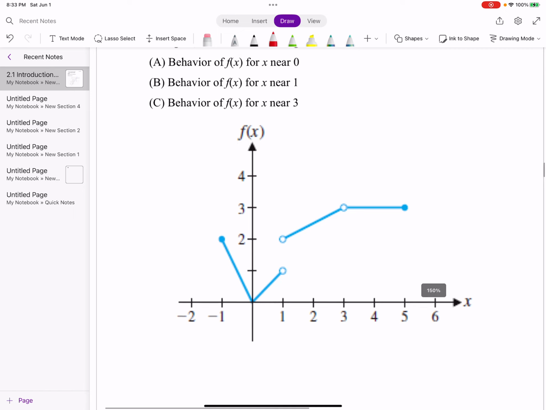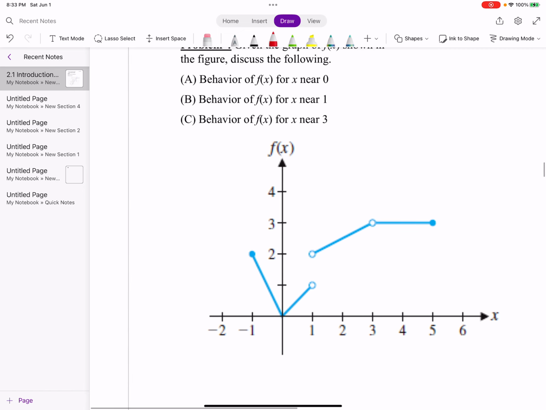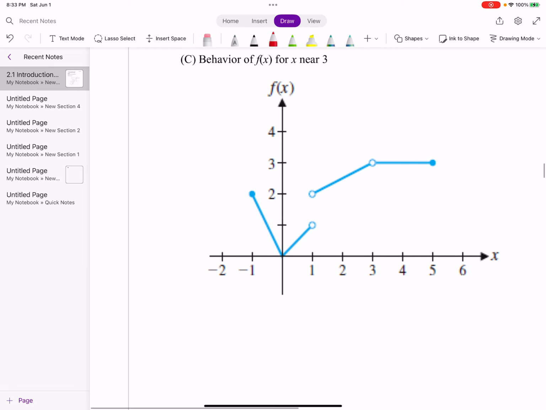Now, interesting pointers. Let us analyze this graph. It says 0, 1, and 3. So our points of interest are 0, 1, and 3.